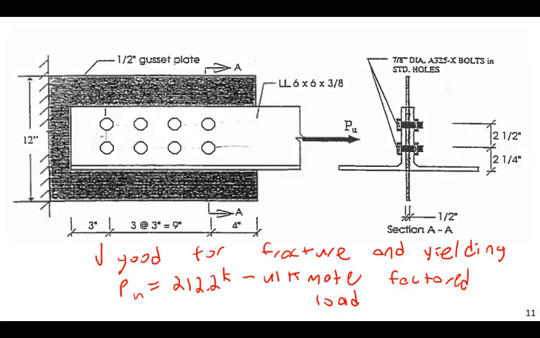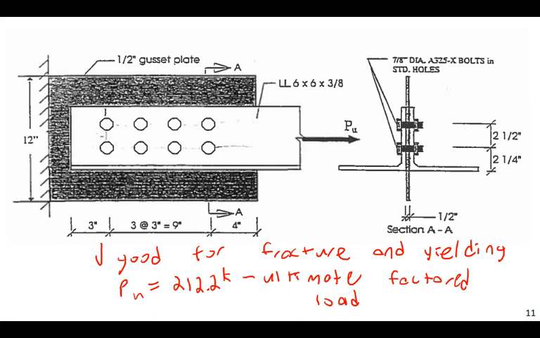First, I need to draw out the element that I'm going to assume will fail, and the failure plane that I'm going to assume. I'm just going to check the angle here.